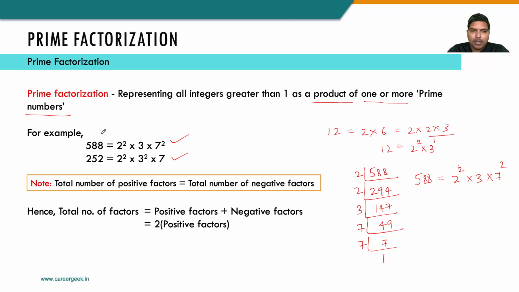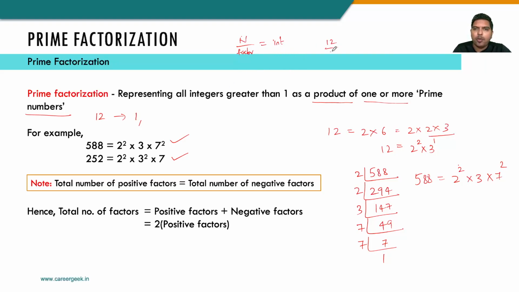Now questions like this can be asked: how many positive factors, the number of factors, are there for any number? For example, if I list down for 12, how many factors are there? So 1 we know is a factor of every number. Okay, now what is a factor? You divide a number by a factor, you get an integer, basically something which is completely divisible, right?